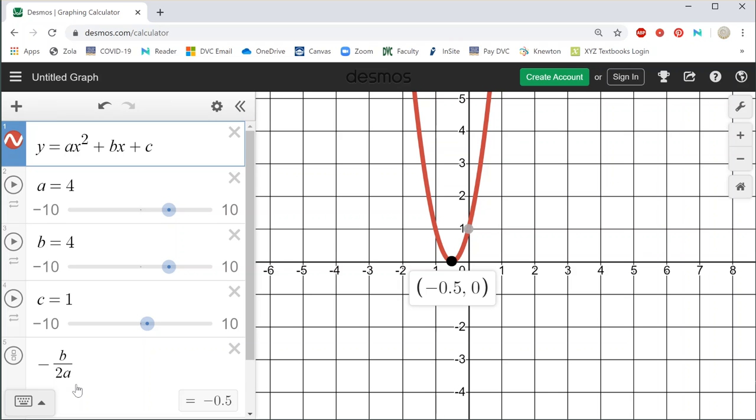Negative b over 2a is negative 0.5. So in questions 1 through 5 on our homework, you are going to be using negative b over 2a to find the x-coordinate of the vertex, and then you have to plug into the original formula to find out what the y-coordinate is. I'm going to go ahead and model one of those problems on scratch paper.